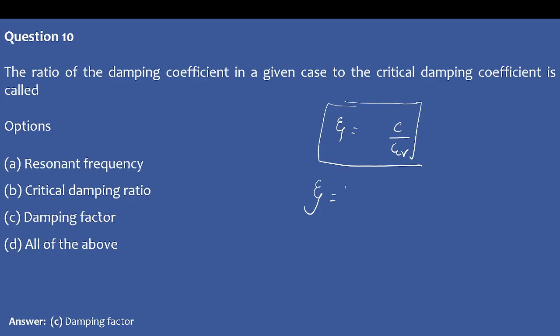But here the option is critical damping ratio. I think the damping factor or damping ratio, yeah, it's not critical damping ratio, but it's also known as the damping ratio. The widely used term is the damping ratio. So xi is equal to C by C critical. We can also call it the damping factor because it is not the critical damping ratio. So damping factor is right.